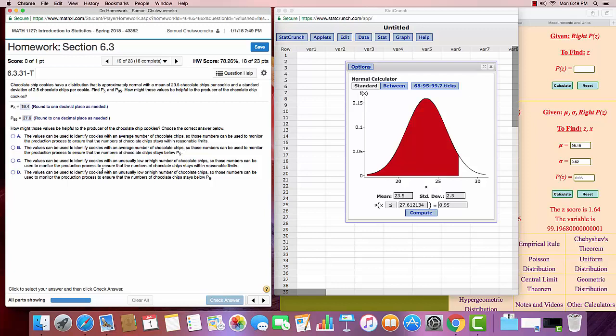Maybe the question would have said the cookies between that range would be normal, and then maybe if it is below the 5th percentile, then it's no sugar, or I don't know whether it's in sugary content or something.